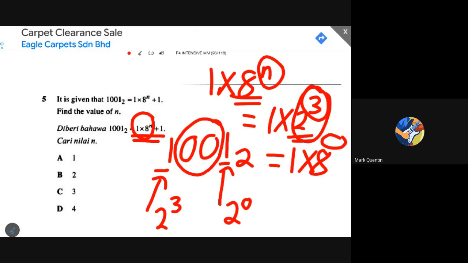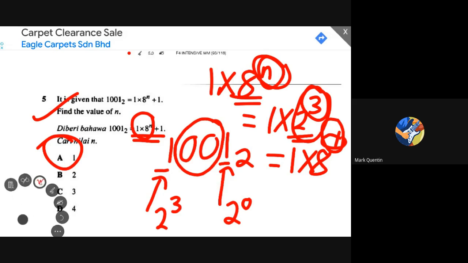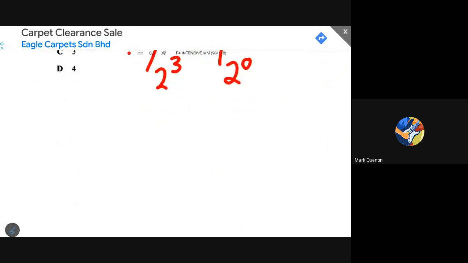Which part? Yeah, kuasa 1, correct. So that is why your answer is 1. And bandingkan dengan kuasa bagi 8. Suka, which one? This question. Okay, sure. Okay, so I do down here. Oh, never mind. I just show my working. Then you will understand better.